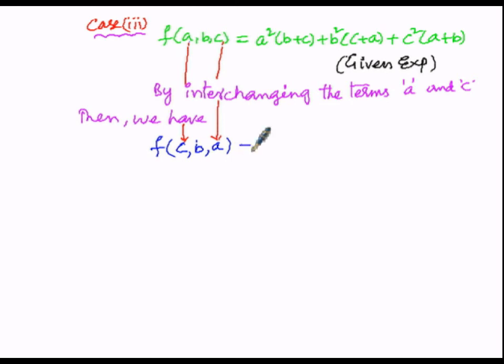Then the right hand side will be a square, where a is replaced by c, that is c square into b kept as it is, plus c replaced by a.